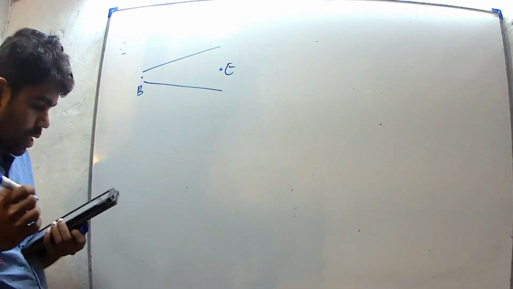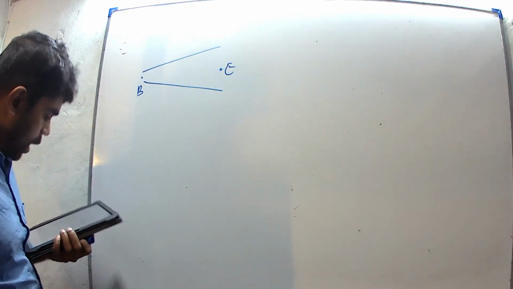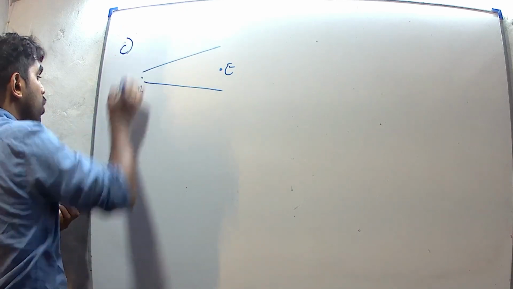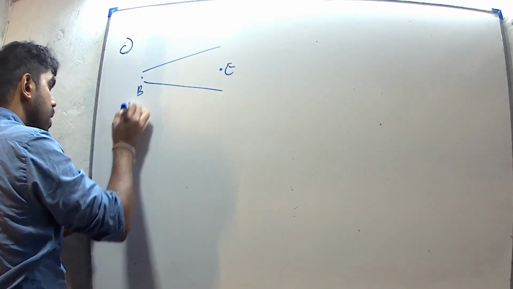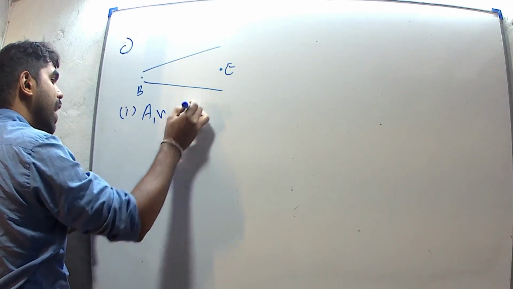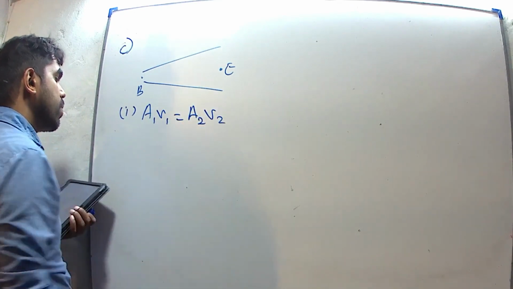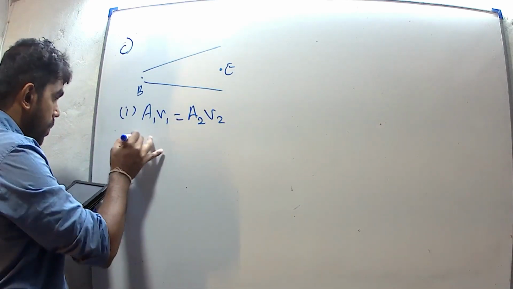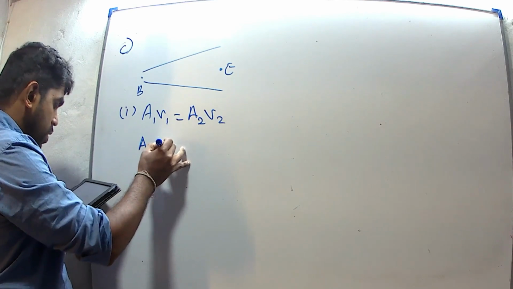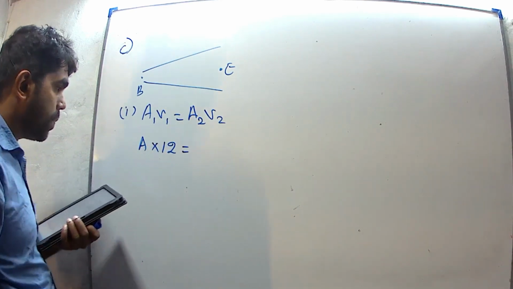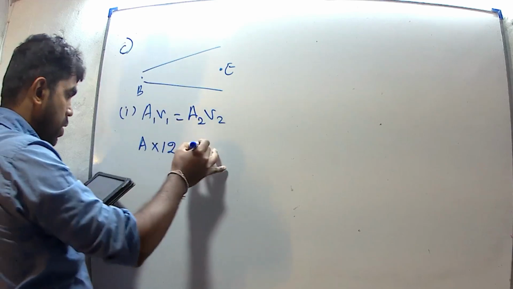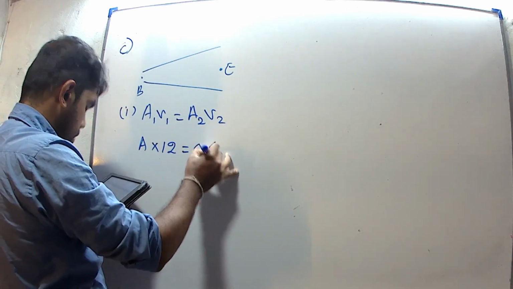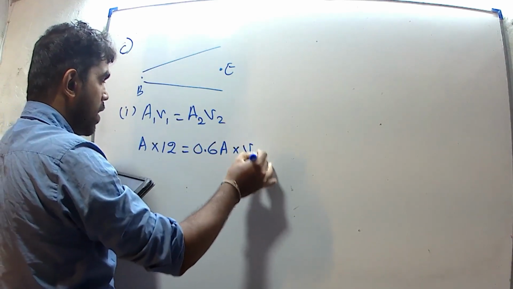Now we can use the continuity equation. We know that A1 V1 equals A2 V2. Area at E, A. Velocity is 12, it is given in the question. Area at B, 0.6A. We have to find the velocity.